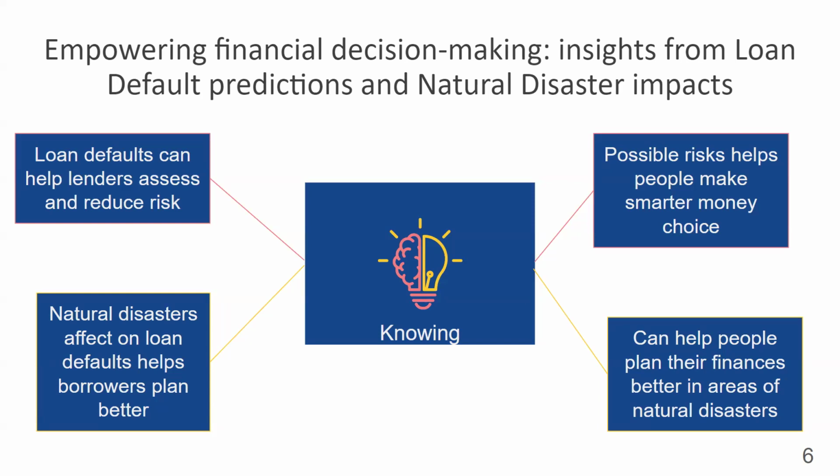If borrowers understand how these events mess with loan repayments, they can prepare themselves financially. It's like checking the weather before a trip. You want to be ready for anything. Every day, people using this info can dodge financial headaches. It's about making a smart move with your cash, knowing what's up ahead.